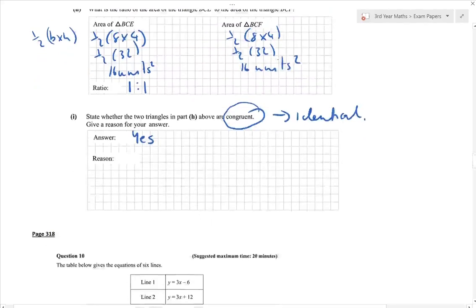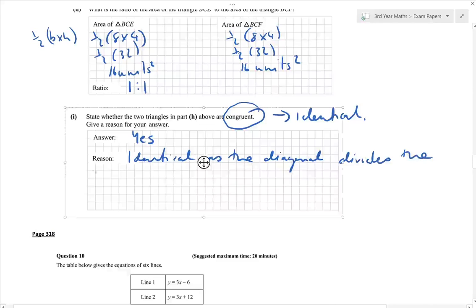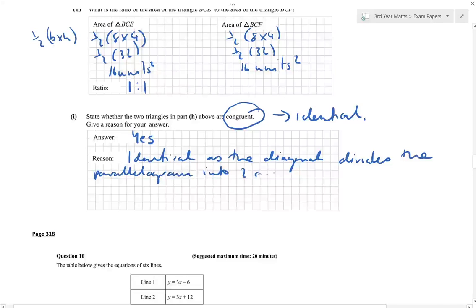So they're identical as the diagonal divides the parallelogram into two congruent triangles.